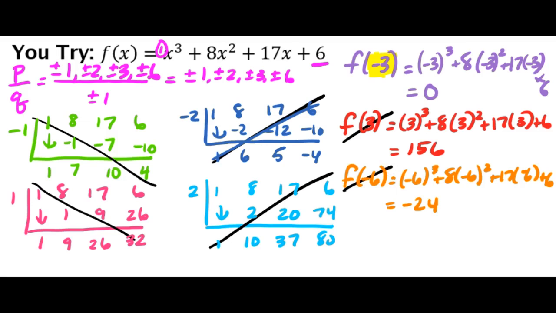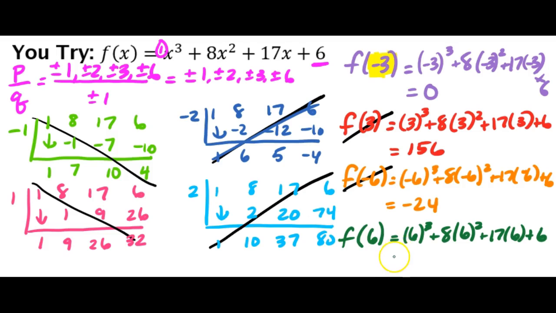And then the last one, last but not least, is positive 6. And for this one, we're going to do the exact same thing, but now we're plugging in positive 6. You put that into your calculator, and it gives you 612. So I said I was going to show you that these other two work, but they actually don't.